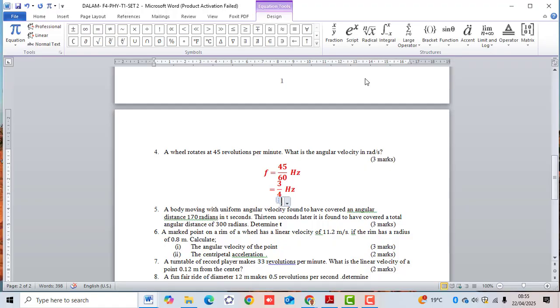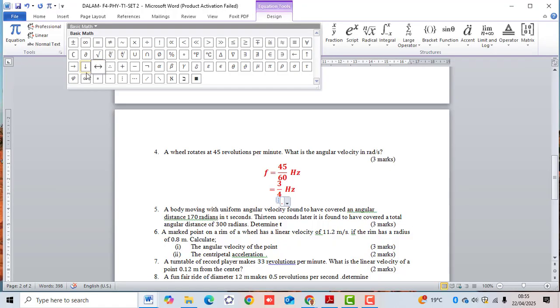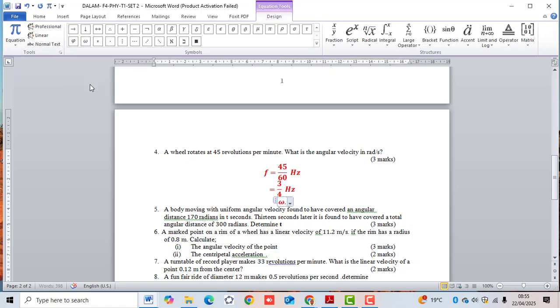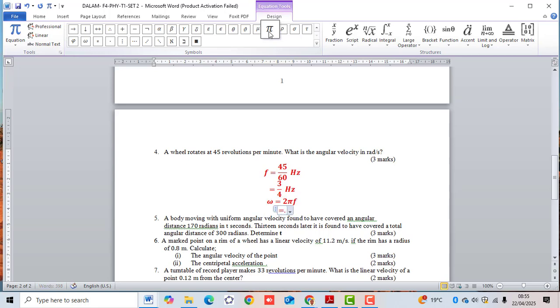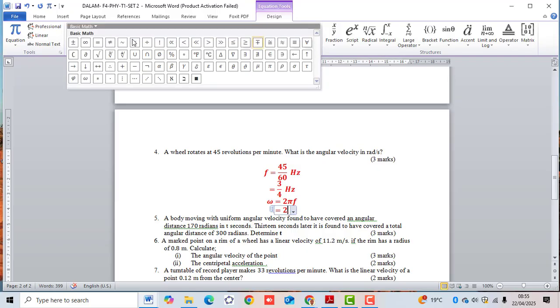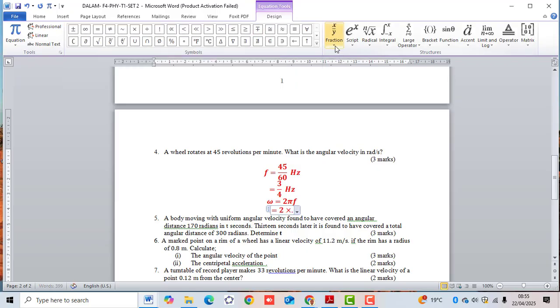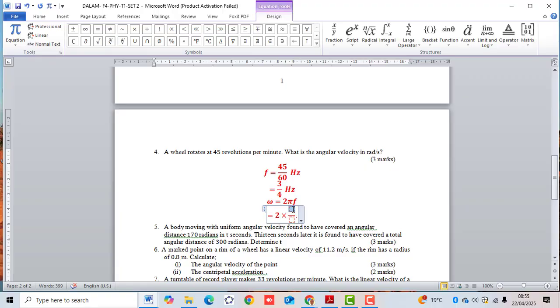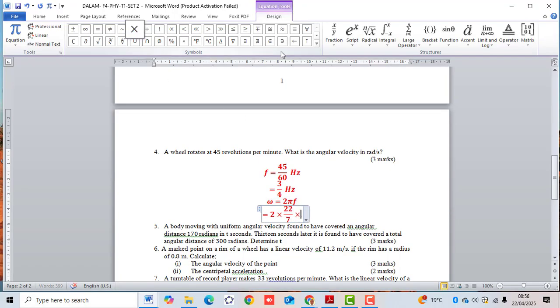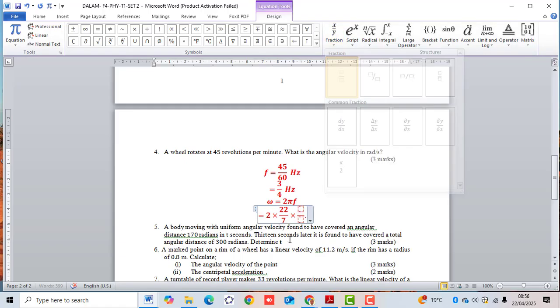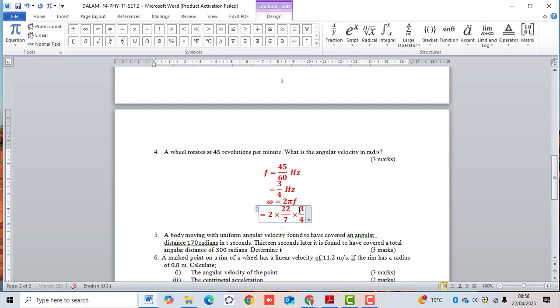I use the formula for angular velocity, 2 pi f. Good, which is equal to 2 times 22 over 7 times 3 over 4. So finally you get?